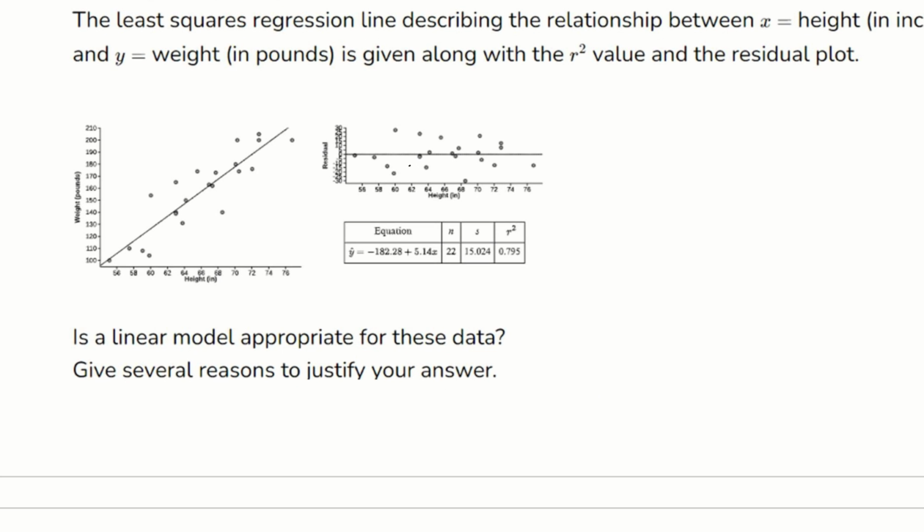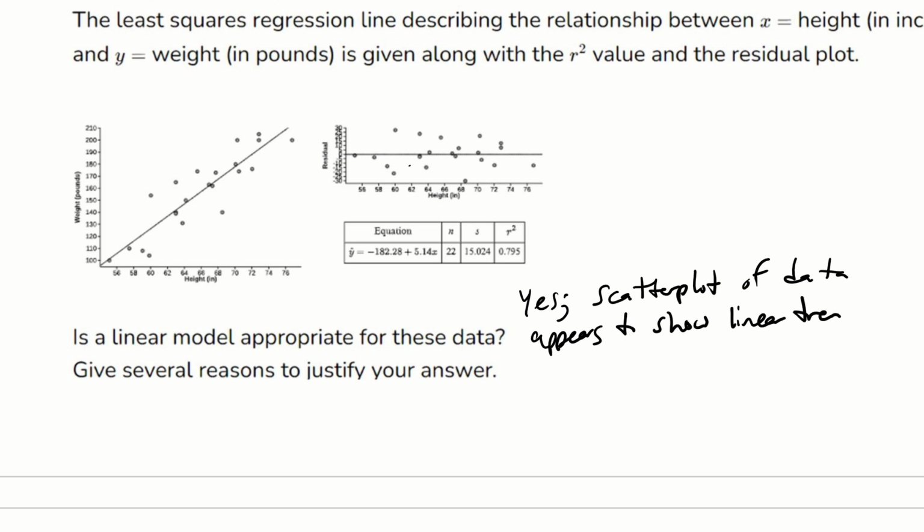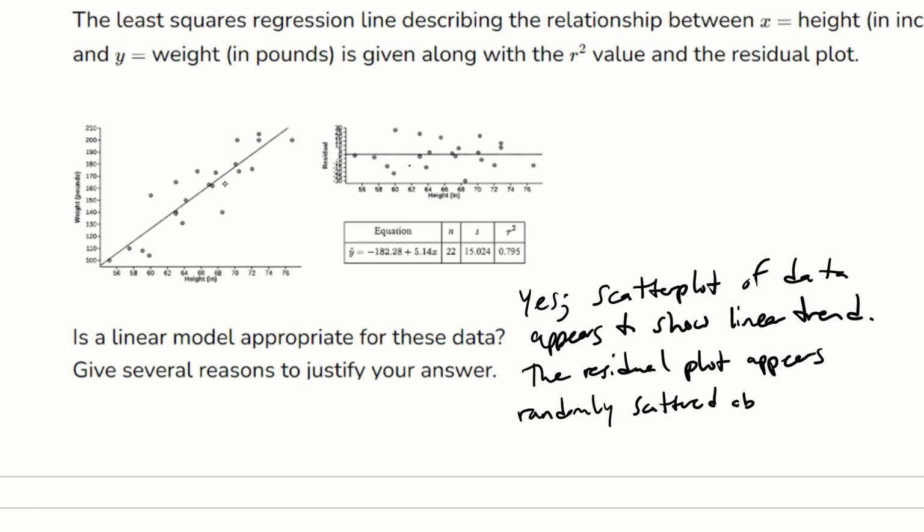So I would say yes, it does appear. So we'll give several reasons, all right? So yes, the scatter plot of data appears to show a linear trend. The residual plot appears randomly scattered about the zero line.